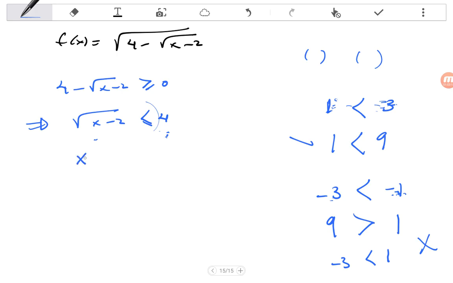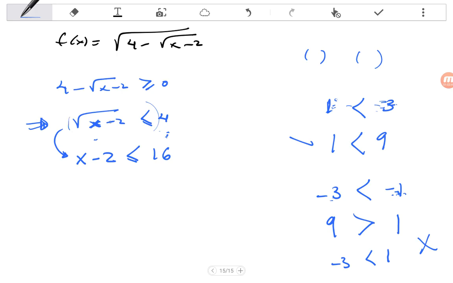So in this case, we'll square both sides, which should give x minus 2 less than 16. But remember that you are trying to find the domain. So when we made the square, I need to preserve the original domain of the problem.